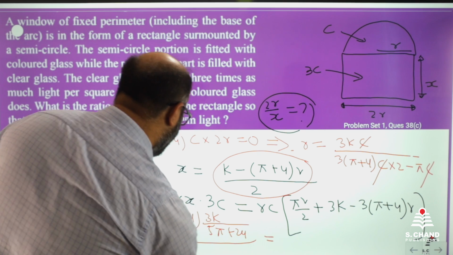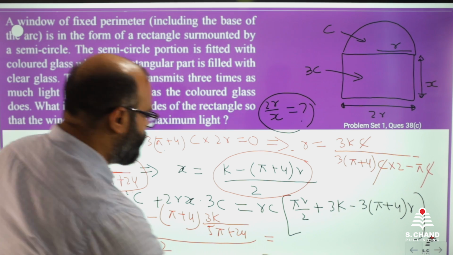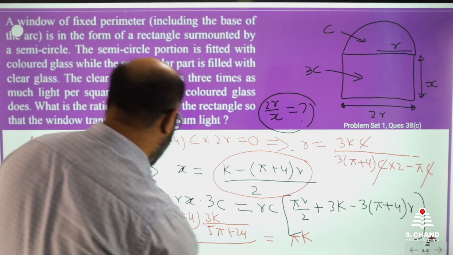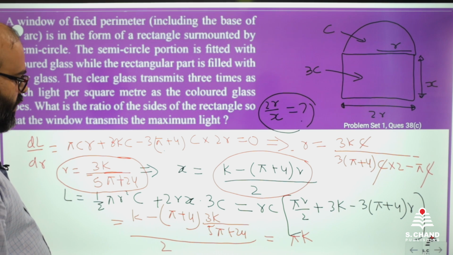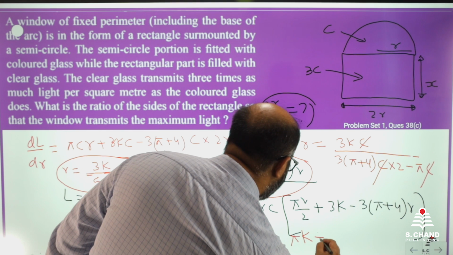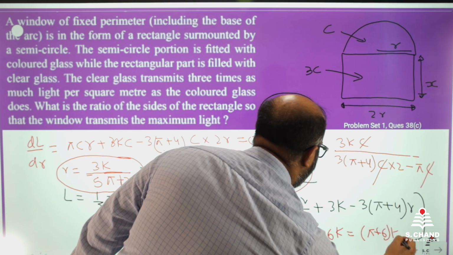So this will become 5 pi k minus 3 pi k, which will be 2 pi k plus 24k minus 12k overall, and 2 will cancel. So it will be pi k, and then we have 24 minus 12 is 12, half is 6, so (pi plus 6)k you are getting finally.